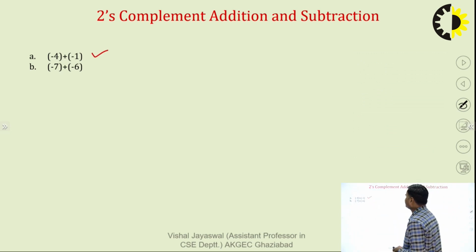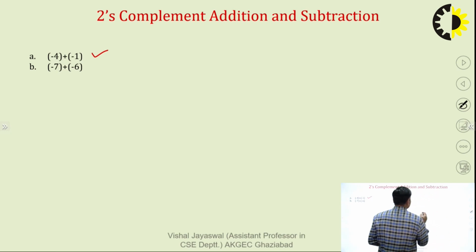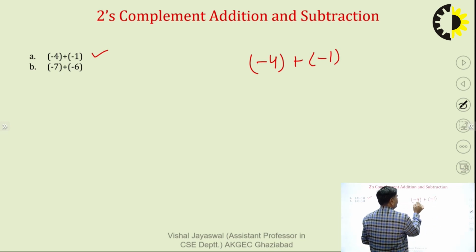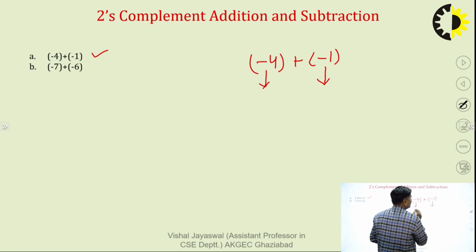Let's suppose minus 4 and minus 1. For this, we take the 2's complement of these numbers, because both numbers are negative. So we take the 2's complement of both numbers.